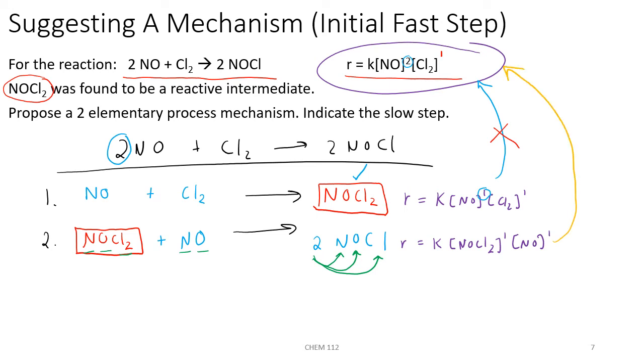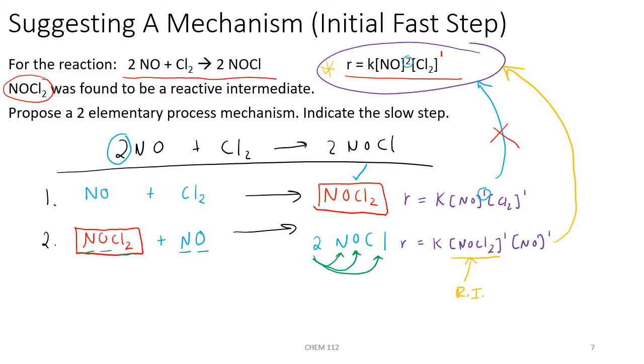It does not, because in our rate law for our second step, we have NOCl2, which is our reactive intermediate. Now, you're never going to actually have a reactive intermediate included in the rate law for an overall equation. It can't be in there because it doesn't exist for very long. It gets made and then it gets used up. So only the reactants of the overall equation can be included in a rate law.